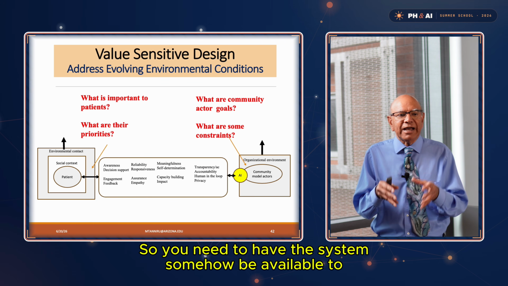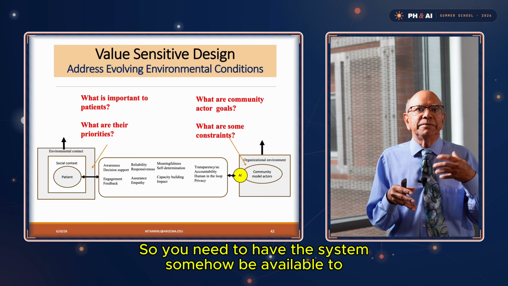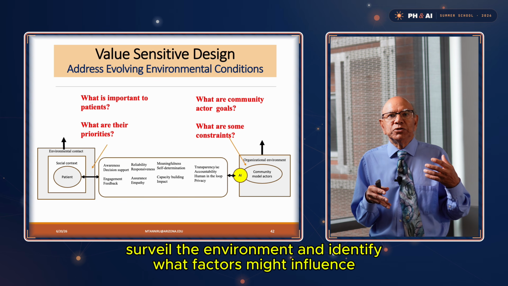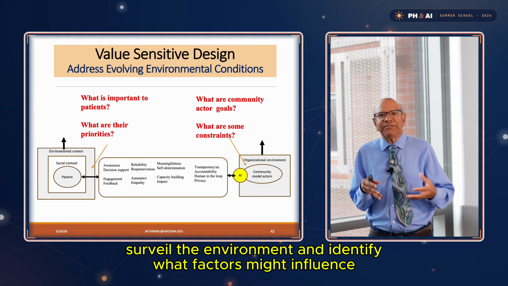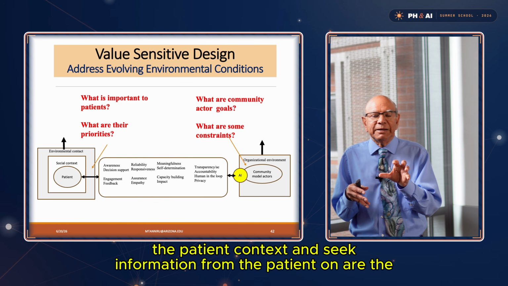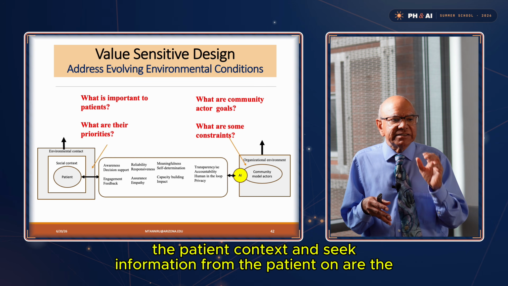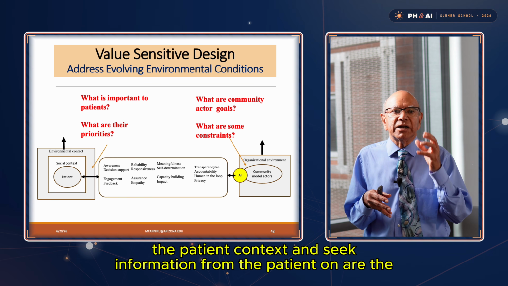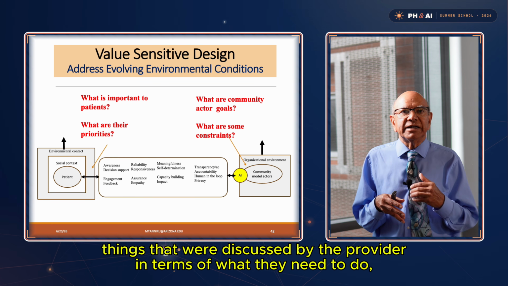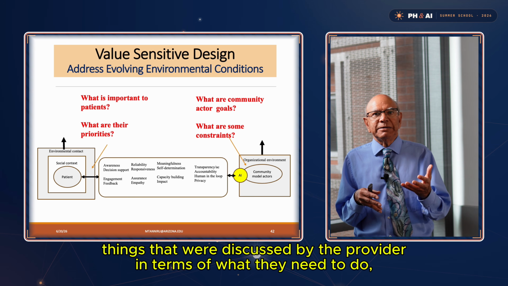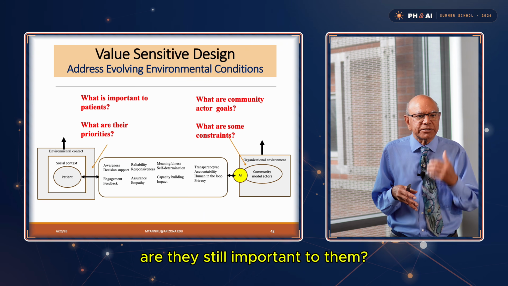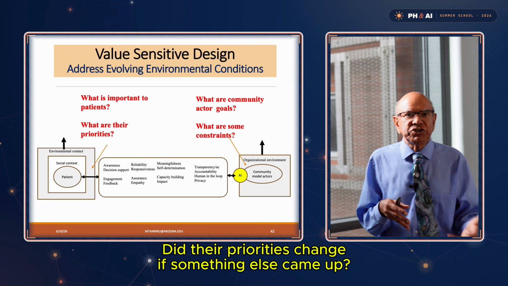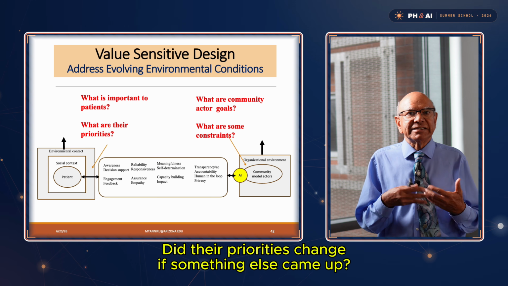So you need the system to be able to surveil the environment and identify what factors might influence the patient context, and seek information from the patient: are the things that were discussed by the provider in terms of what they need to do still important to them? Did their priorities change if something else came up?